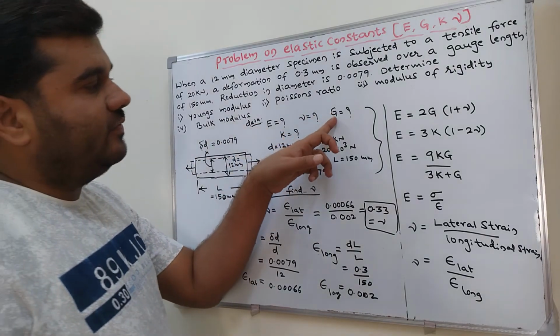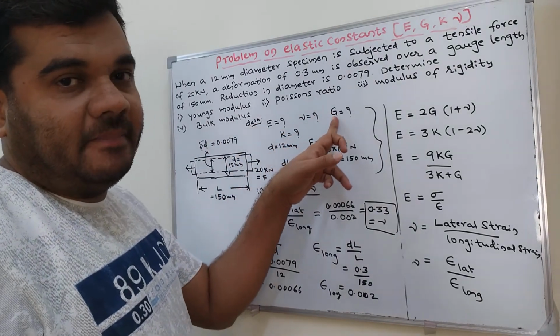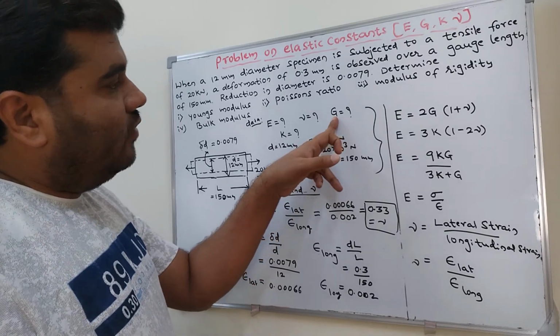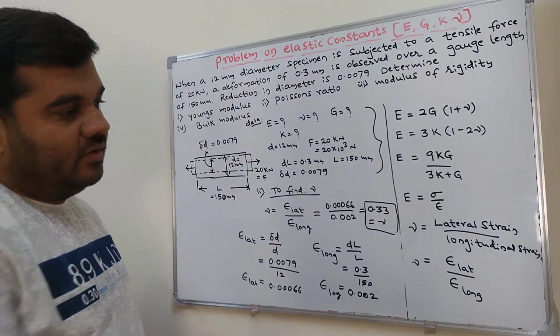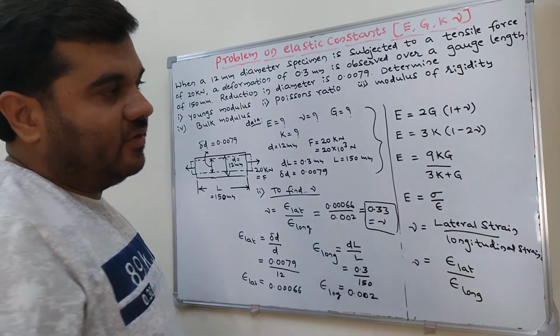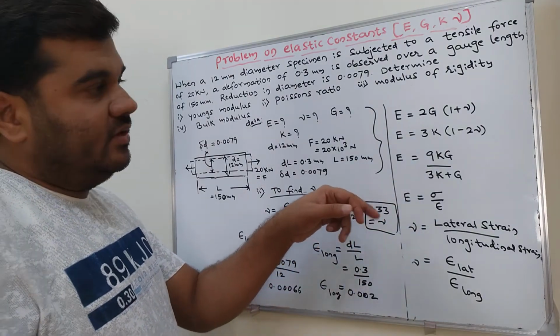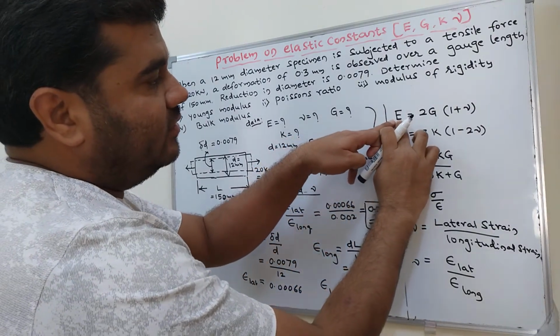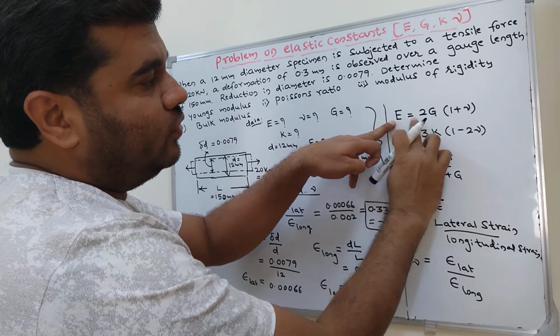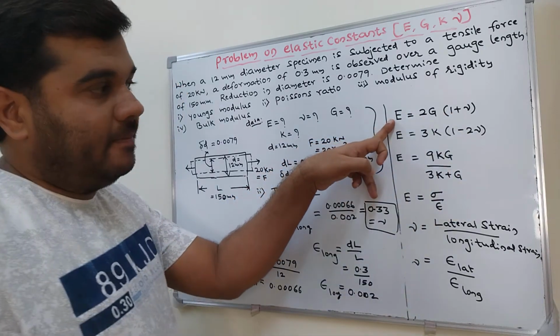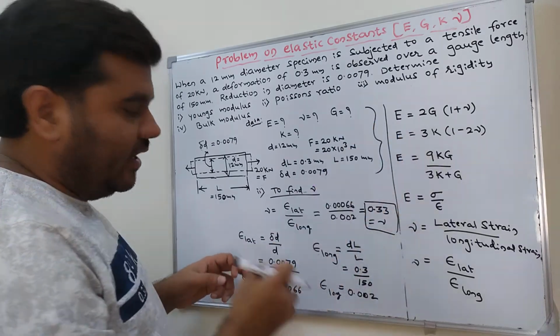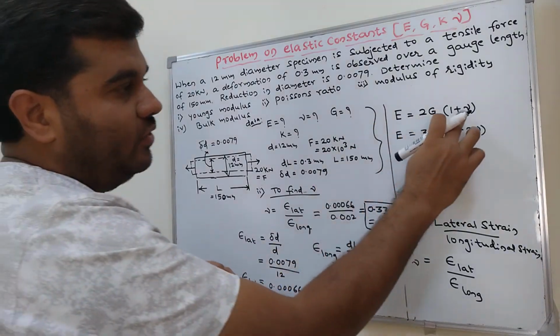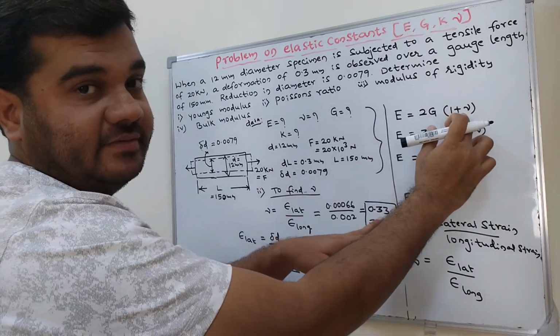Next, third one, we need to find out the modulus of rigidity. How will we proceed? Can we use any one formula from here? Yes, we can. The first equation is E equal to 2 times G into 1 plus nu. We know Young's modulus, already calculated before, and we know Poisson's ratio, 0.33.